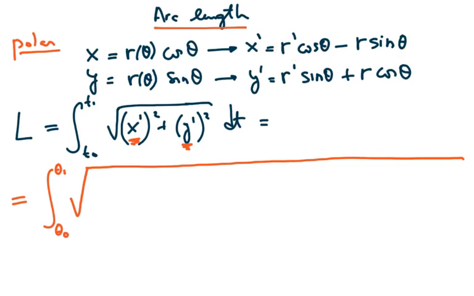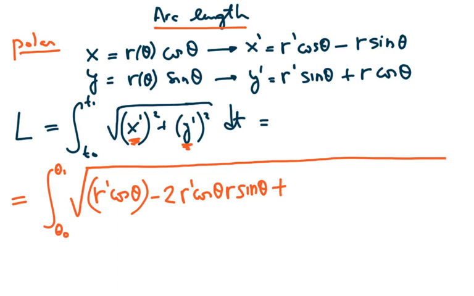So let's start. This is a subtraction, so the square is going to be the square of the first one minus the double of the first one times the second one plus the square of the second one. So this is just the square of this part here. Now plus the square of y prime.